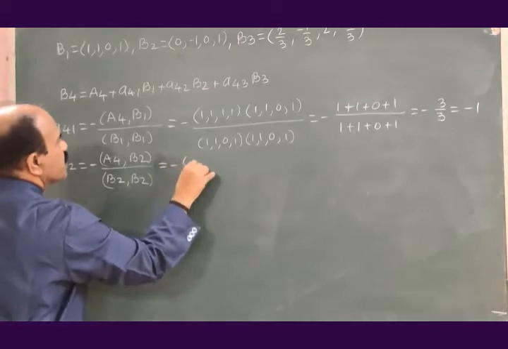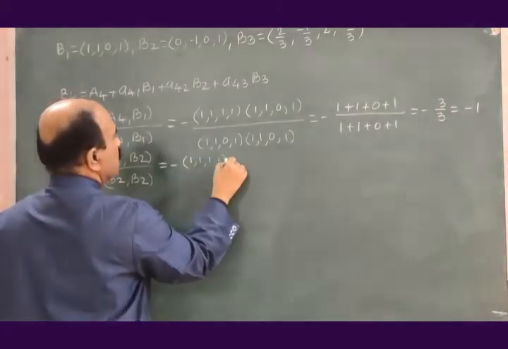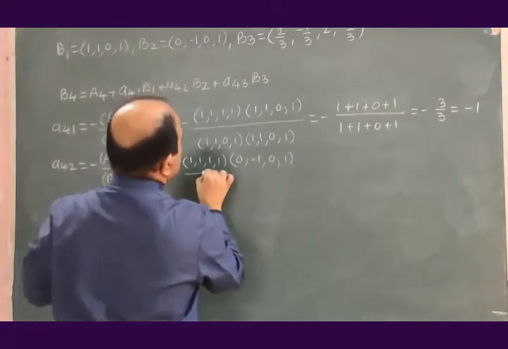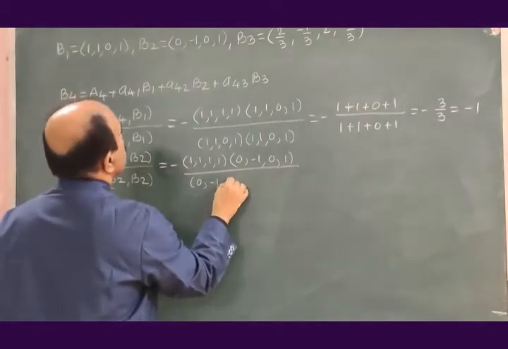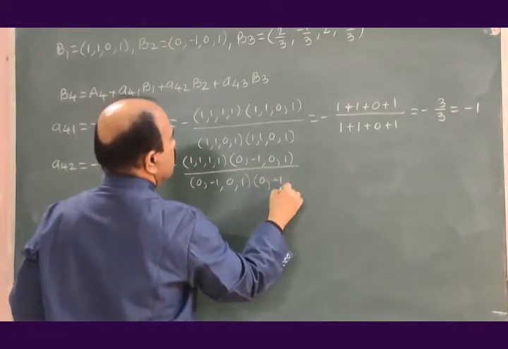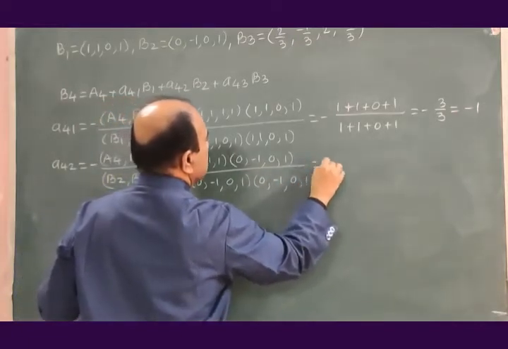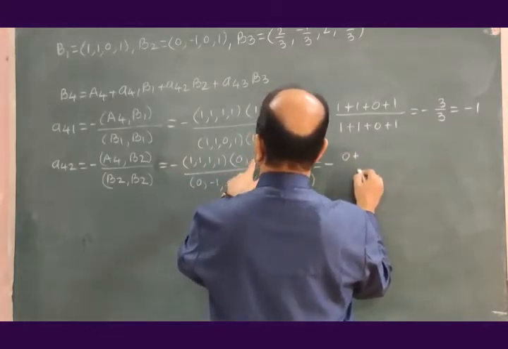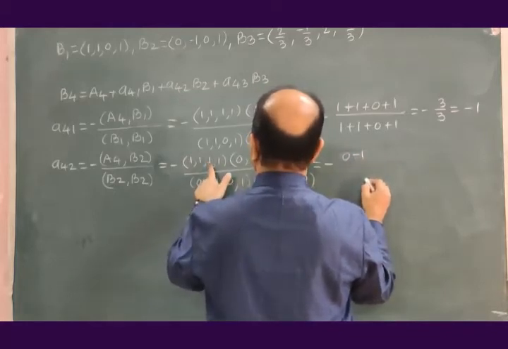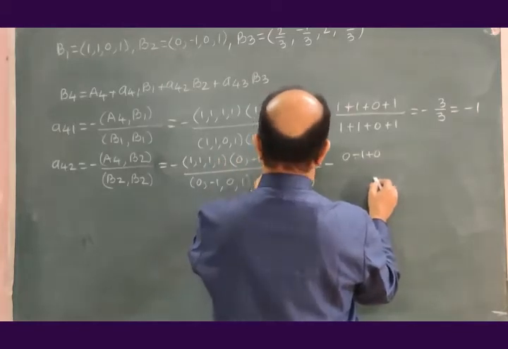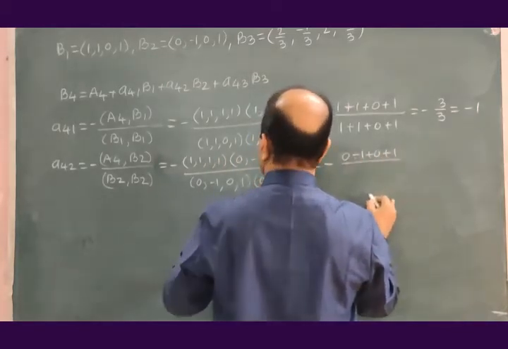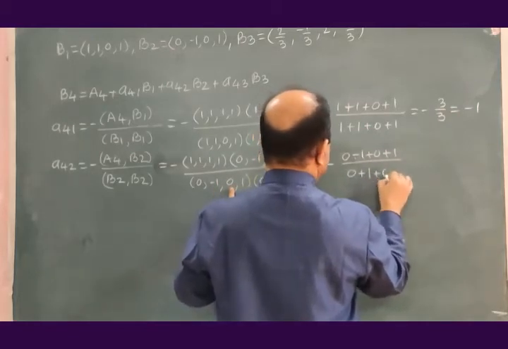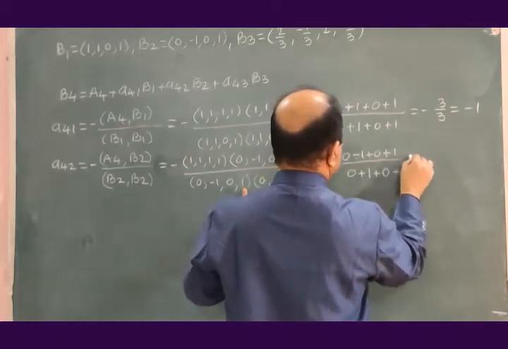That is equal to minus A4, this is 1, 1, 1, 1, into B2, this is 0, minus 1, 0, 1, divided by the same thing, 0 minus 1 0 1, 0 minus 1 0 1, that is equal to, with minus sign, 1 into 0, 0, plus 1 into minus 1, minus 1, 1 into 0, 0, 1 into 1, 1, divided by 0 into 0, 0, plus minus 1 into minus 1, plus 1, plus 0 into 0, 0, plus 1 into 1, 1.